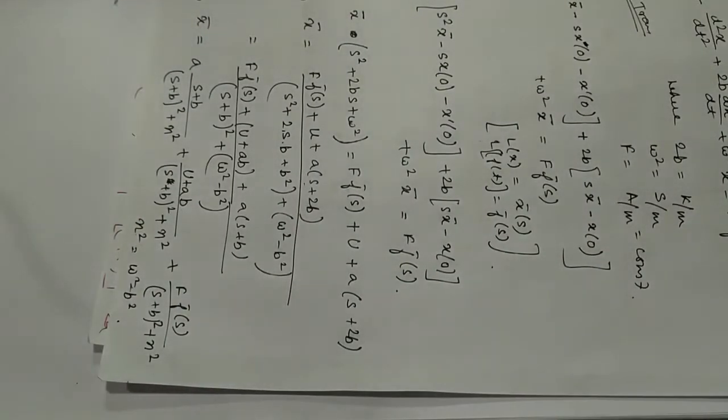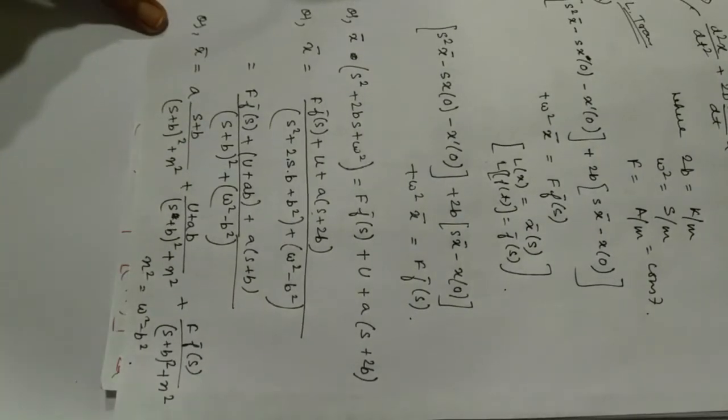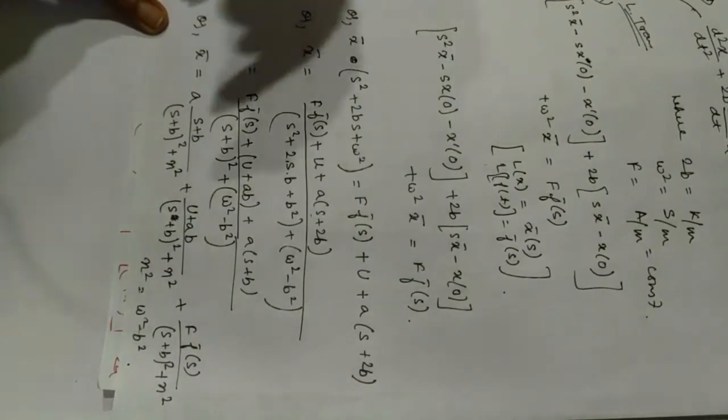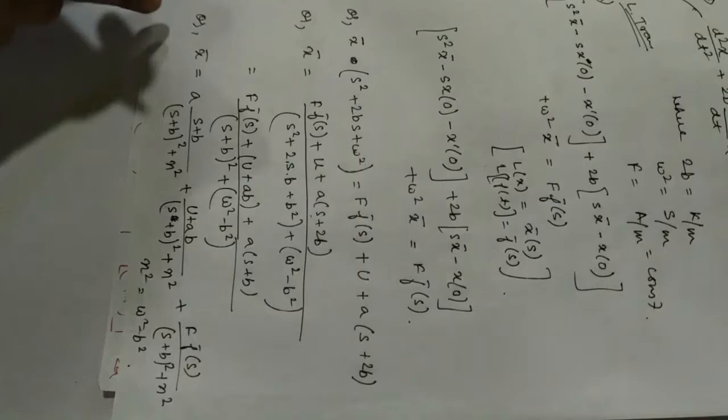So this is the algebraic equation that we have got on applying Laplace transform to the differential equation. So now our job is just to invert this equation and we will get the solution, right?